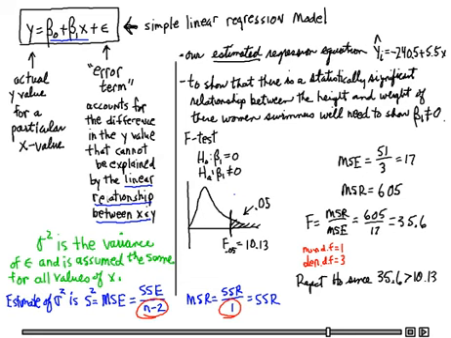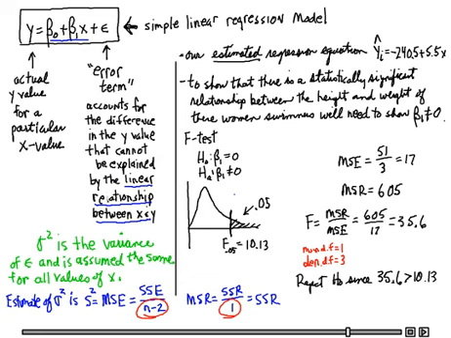Now again, some of the logic of this is that we're assuming that beta sub 1 is equal to 0. In other words, there's no relationship. It turns out that if that's true, then MSR is a good estimate of sigma squared. Now, MSE is usually a good estimate. So if MSR is also a good estimate, then the ratio of MSR over MSE would tend to be 1.